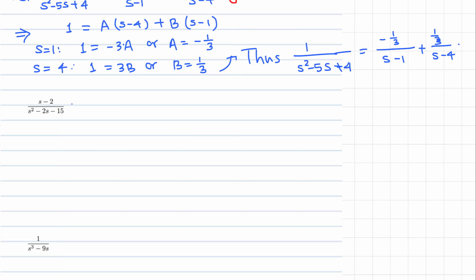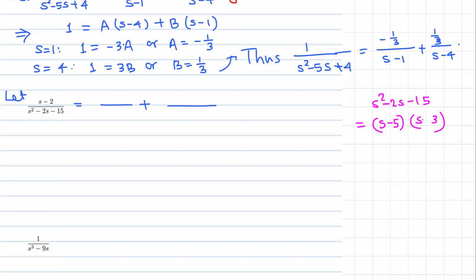Same thing for the second question. Let me write, let this equal, so the bottom factors again, otherwise we cannot do this. So s squared minus, 5 times 3, 15.